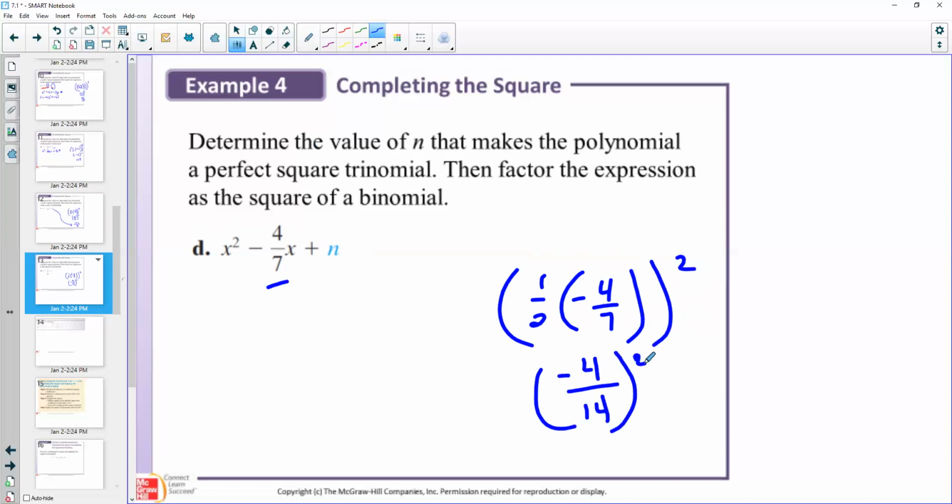I'm going to simplify 4 over 14 just to make my life a little easier into 2 over 7, because I would rather square 7 than 14. So negative 2 over 7 squared would be 4 over 49. It's done. That's it. That's the value I'm trying to figure out.